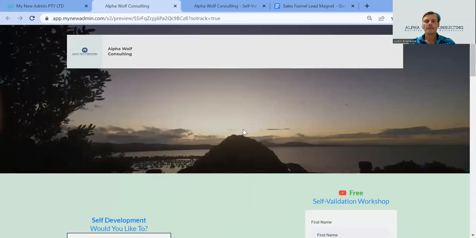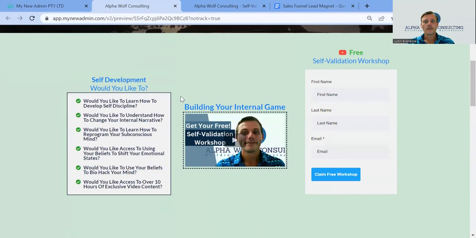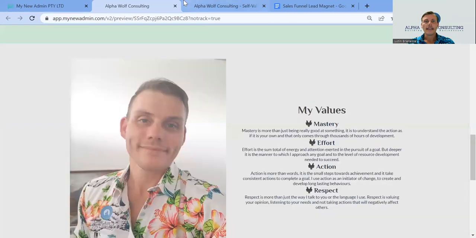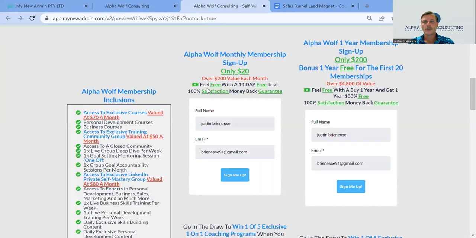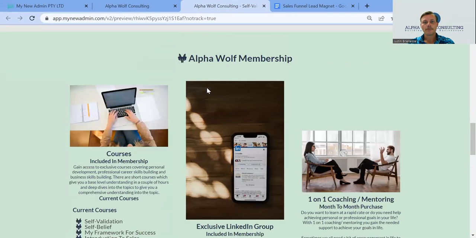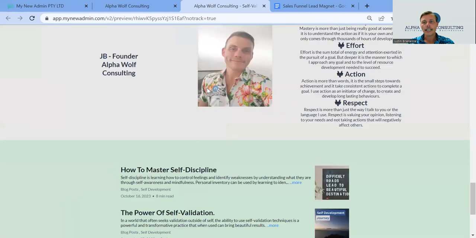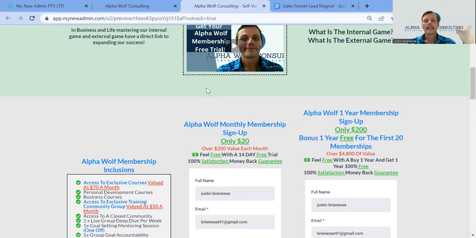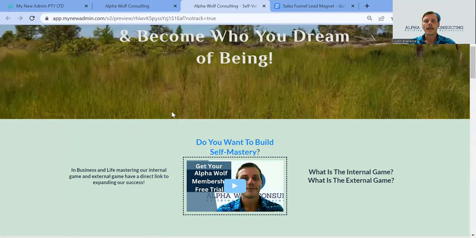I'll go through and explain a bit about it. This is my membership lead funnel. We've got a self-validation course, and then the sales page where we sell the membership. The key is we want the sales funnel to be a simple process where there's a start and a finish and they're clearly defined and outlined.